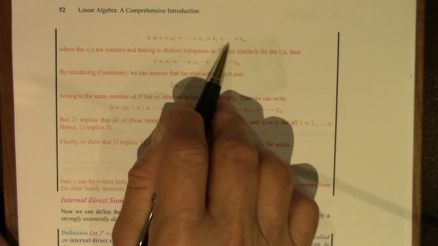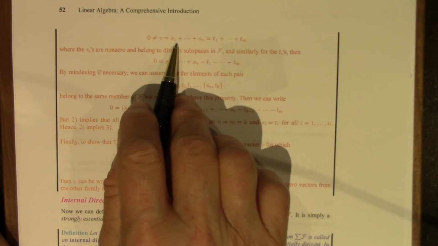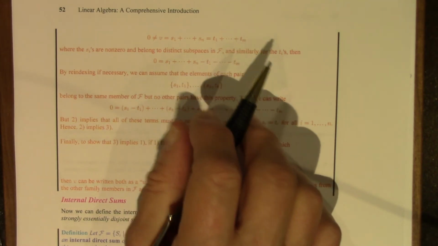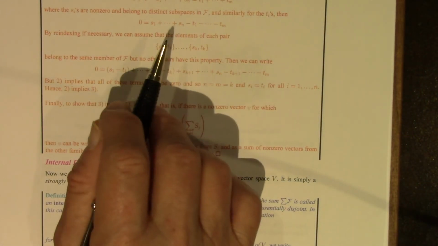Our goal is to show that n and m are equal and that the S's are the same as the T's. So that gives us unique expression up to order of terms.